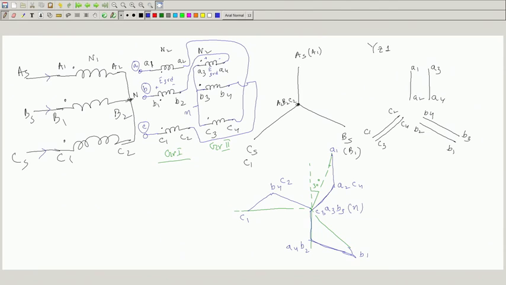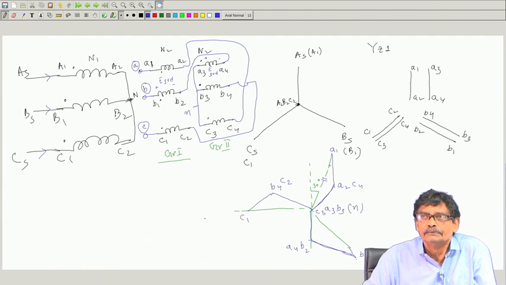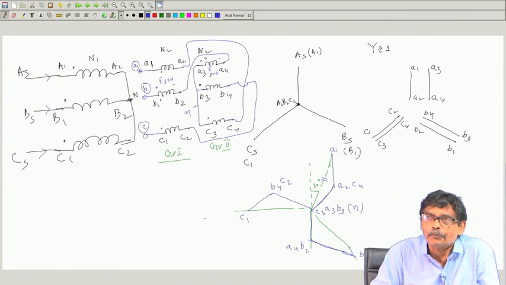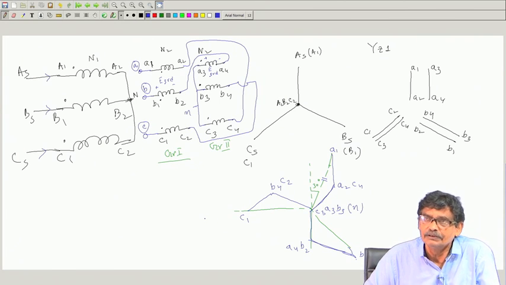Better take a zigzag coil, which will at least ensure that there will be no third harmonic voltage in the phases, that is this voltage, it will be RMS value only in the phases neutral to any of the lines, and between the line of course, it will not be there.